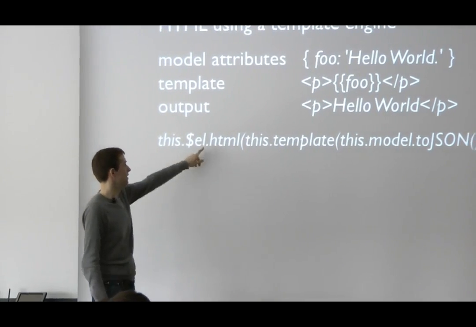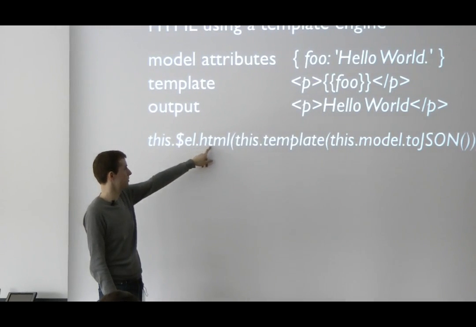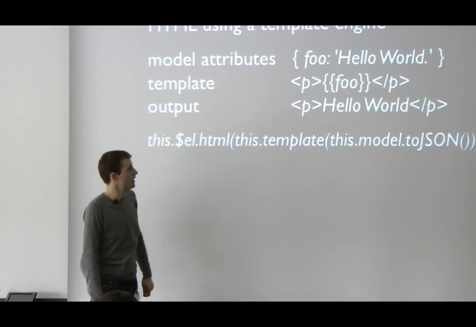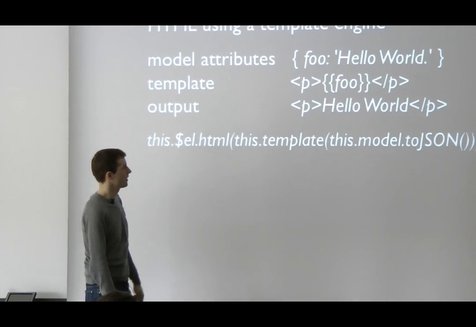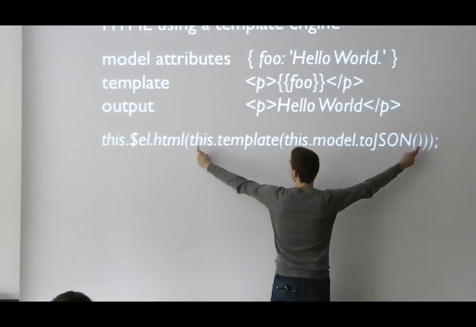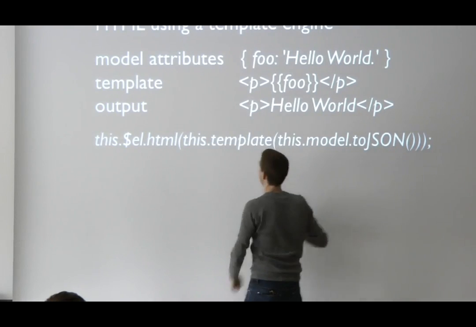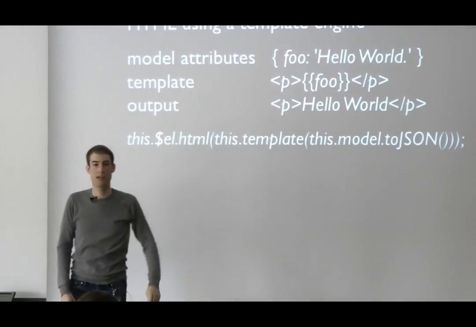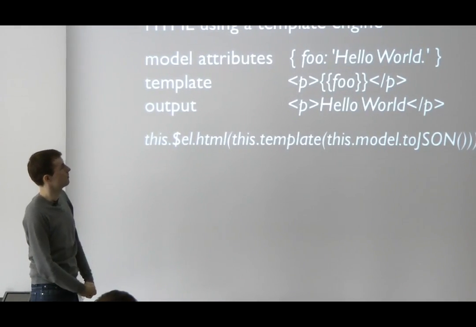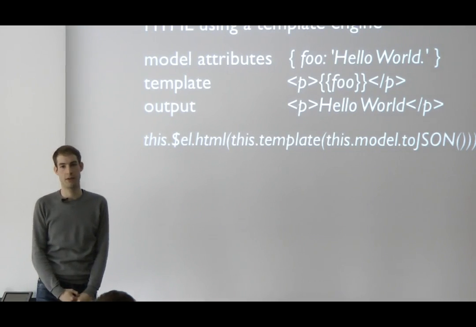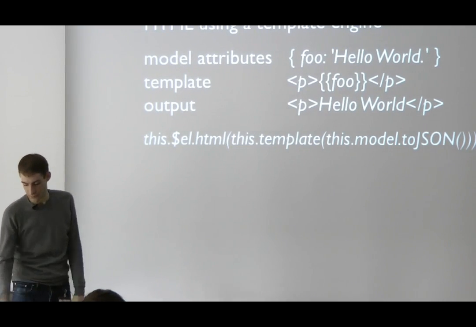You use the HTML method of jQuery, so the return value of this is hello world, and so basically the user would see p hello world if this is rendered.